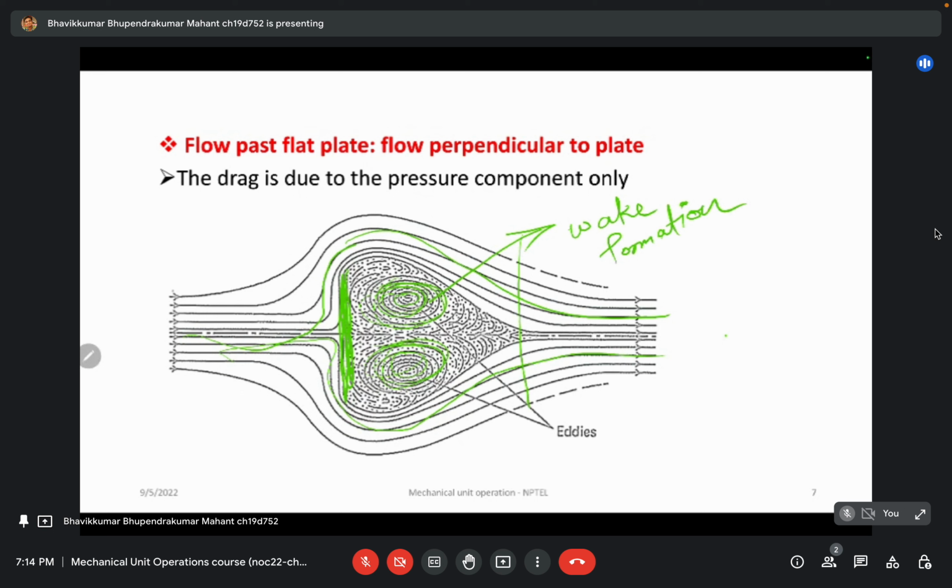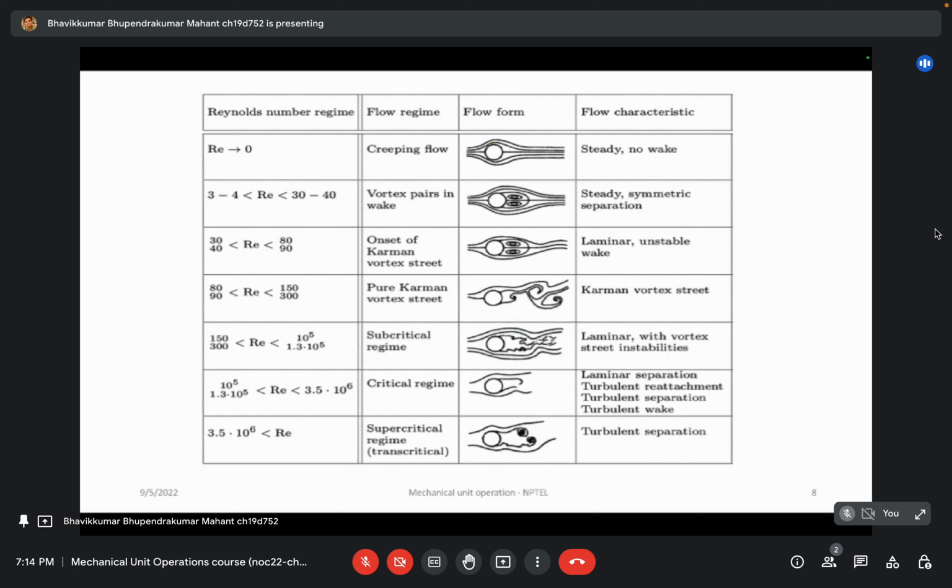If we go for more flow changes, there is some constant speed of this flow and some constant Reynolds value. If we increase the Reynolds value, then you will see a different pattern of flow like this. If our Reynolds number is close to 0, then you can consider that the flow regime is creeping flow, and there is steady flow and no wake formation.